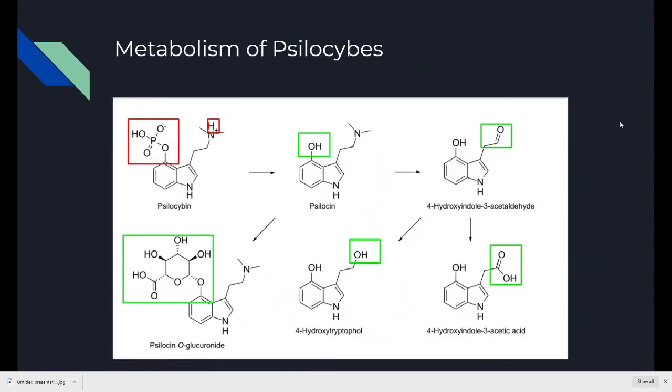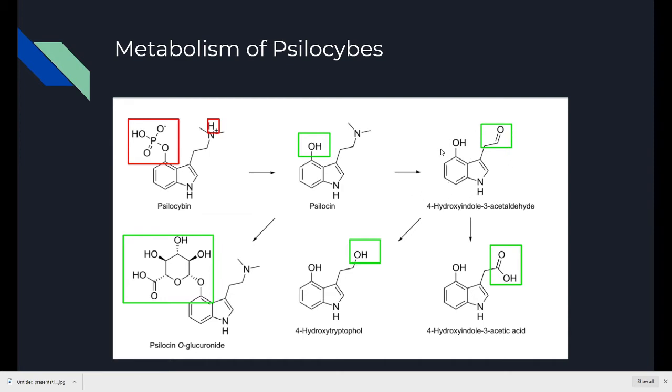So how are psilocybes metabolized in our body, right? So we have the psilocybin. I told you it's going to go into our body and be dephosphorylated. We're going to take off that PO4 group and we're going to put that OH back on there. Psilocin. Psilocin is actually what's going to interact with the serotonin receptor. And then once it's done there, it's going to come off.